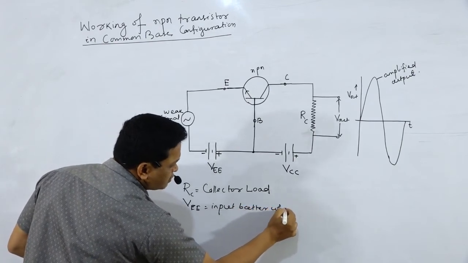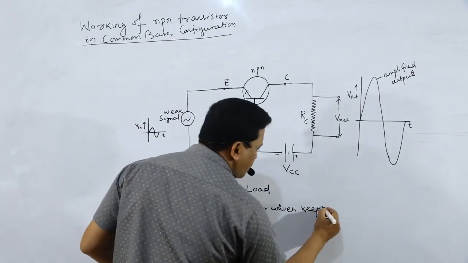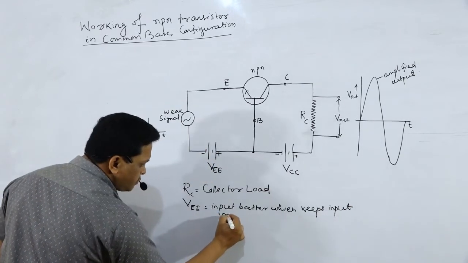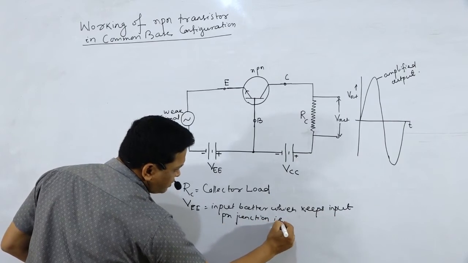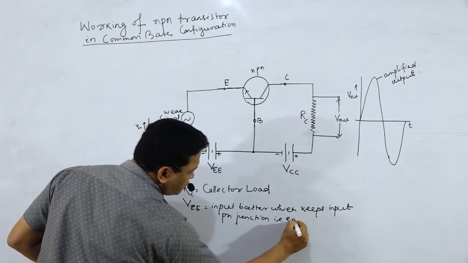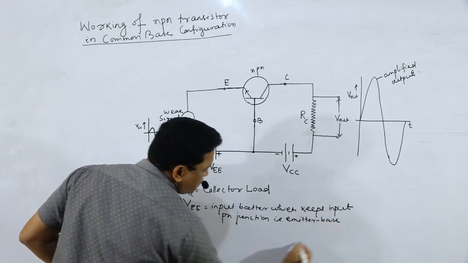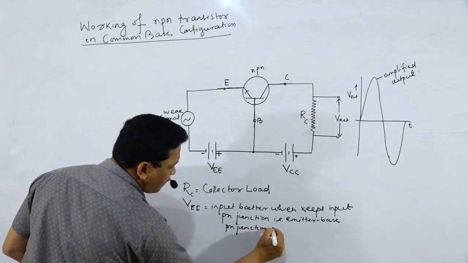So you can write that VEE is the input battery which keeps the input PN junction, that is the emitter base PN junction, forward biased.